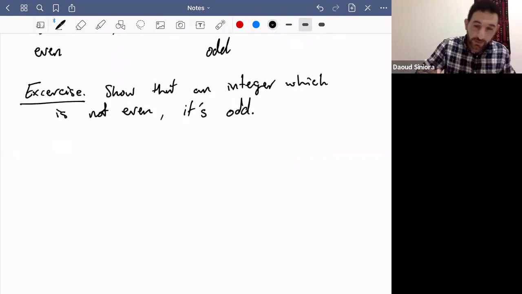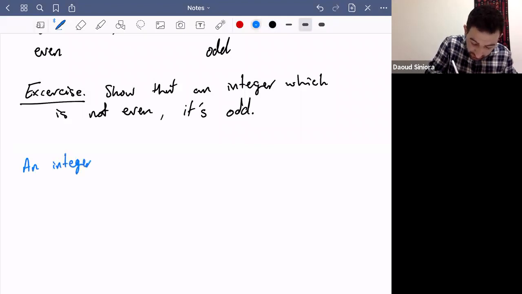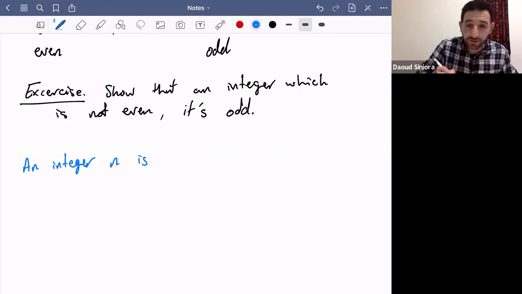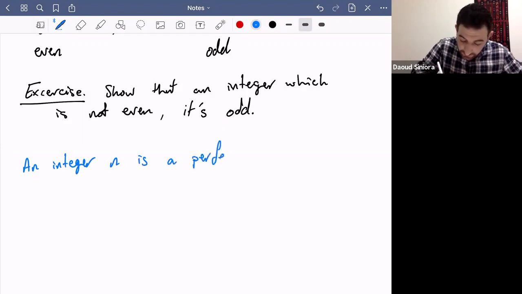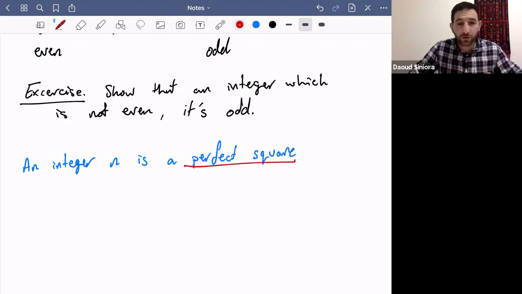Let me give you another property of the integers. Another definition: an integer n is called a perfect square. When do we call an integer a perfect square?